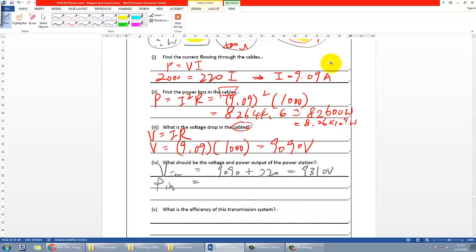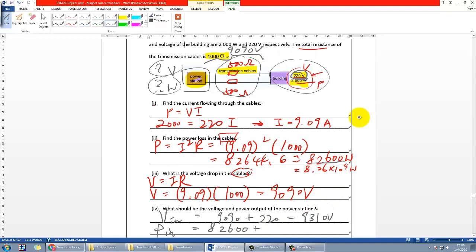And in fact, the power in the cable you already calculated in part 2, which is 82600, and for the building is already given, which is 2000.